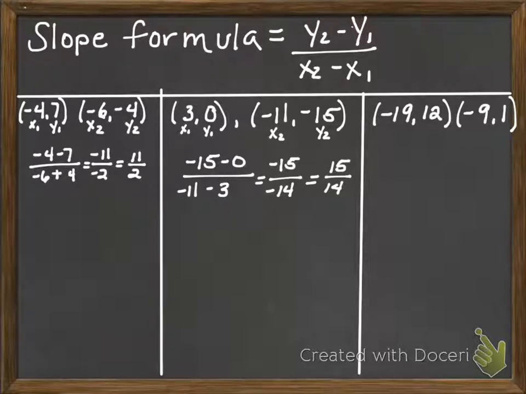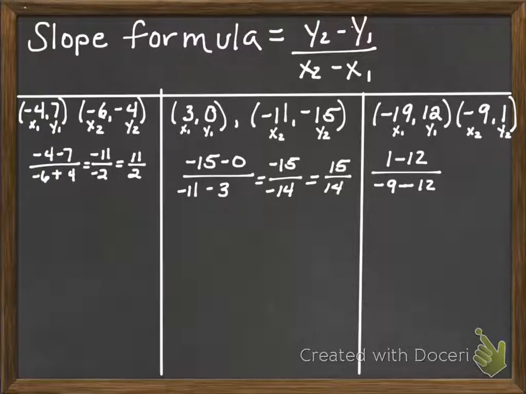All right, let's do the last one together. So we have negative 19 and 12 and negative 9 and 1. So first thing I'm going to do, always label each one. So I have my x1, my y1, my x2, and my y2. And I'm going to plug into that slope formula, which is my y2 minus y1, so it'd be 1 minus 12 over x2 minus x1, which would be negative 9 minus a negative 12.